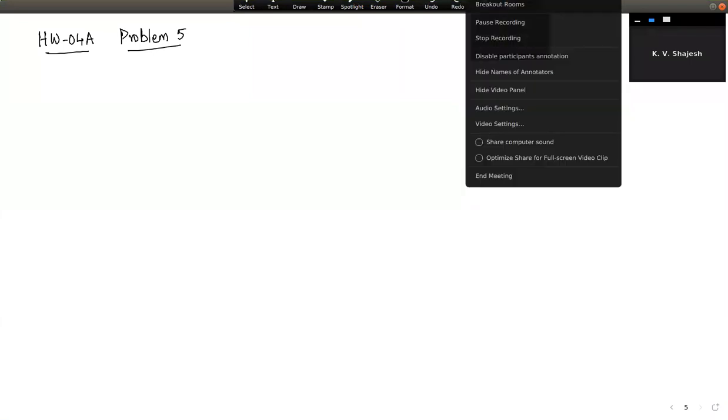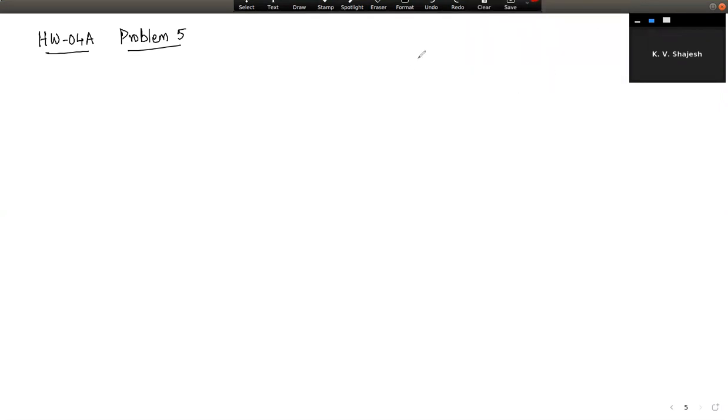This is problem 5 in homework 4A. And it talks about a football being kicked and whether it will clear the goal or not. So let me draw a diagram describing the problem.